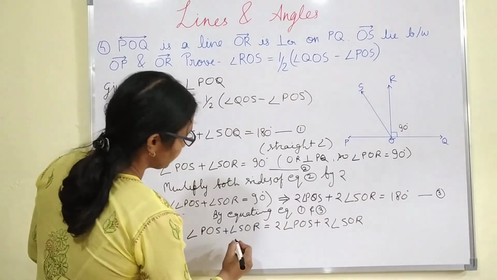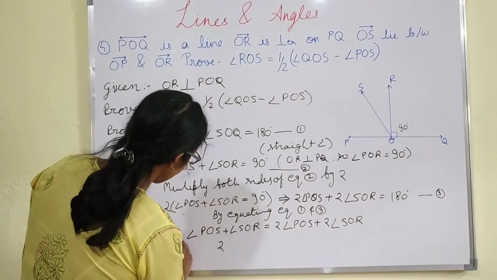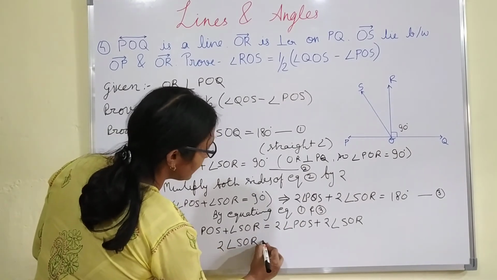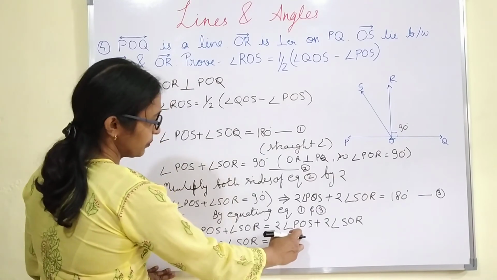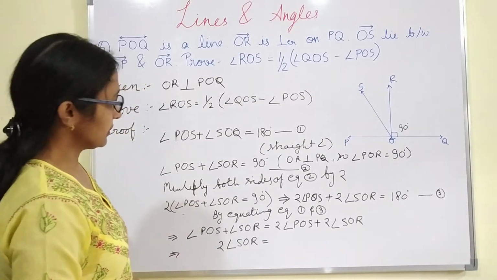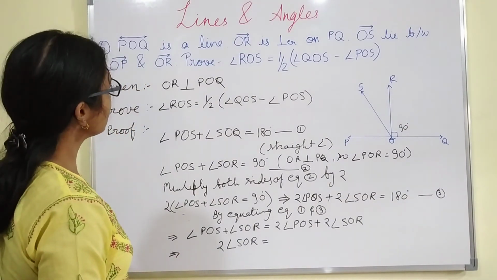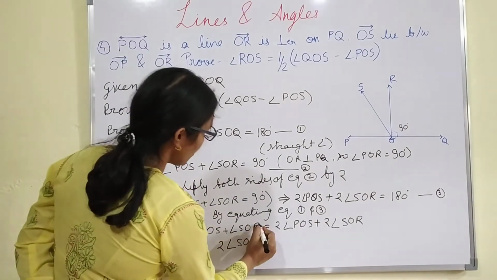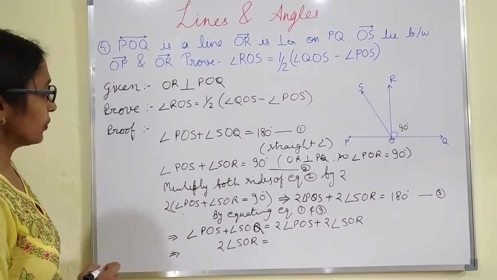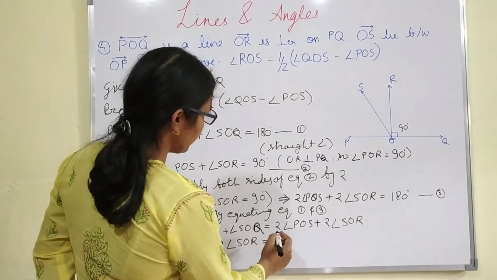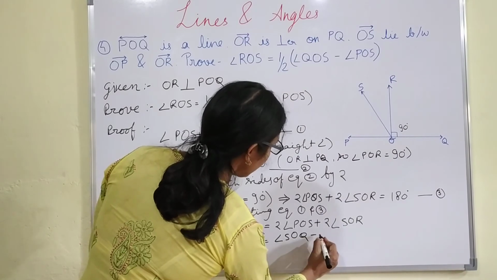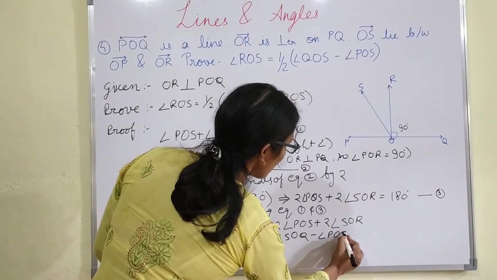So twice of angle SOR equals, it will transpose here and it will become angle SOQ minus angle POS.